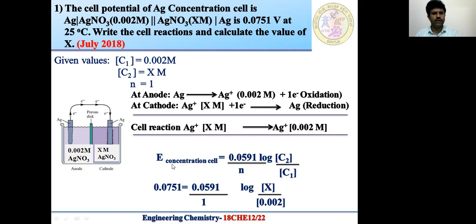Here they have given the EMF of the concentration cell, that is 0.0751 volt, equal to 0.0591 divided by n, where n is 1, times log of the concentration C2, that is X, to be identified here, divided by the value of C1, that is 0.002.